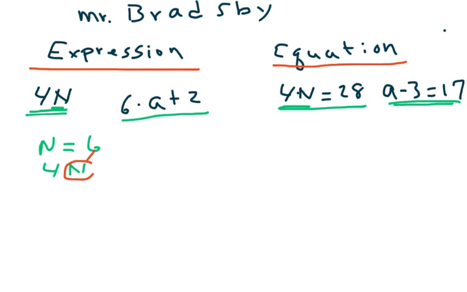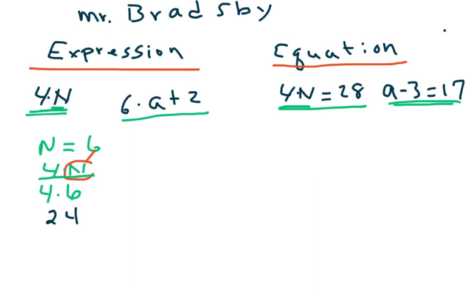So it's 4 times 6. We're evaluating the expression when the value of n is 6. So instead of 4 times n, it's 4 times 6, and 4 times 6 is 24. So there we are. We evaluated the expression for n when n was 6.